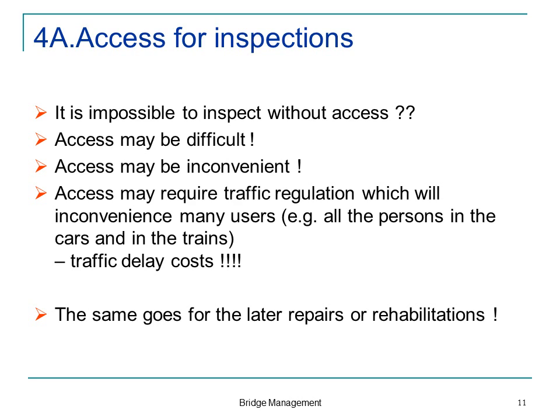But if you really want to have a good look at it, then you need to get closer to it, and for that you need access. And that access can be difficult, like on the pylons. It can be inconvenient as well, like when you have to block the railway.